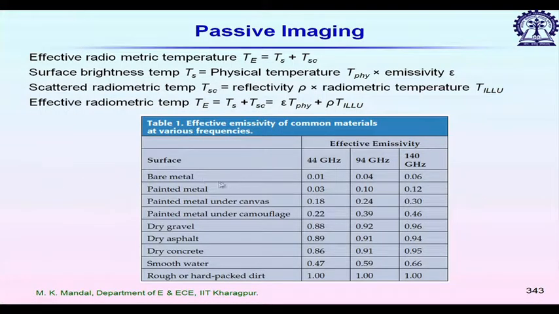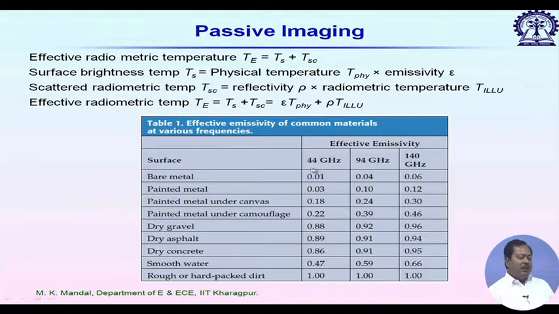Now, if we consider hard packed dirt or any gravel surface, or a muddy surface, emissivity is very high, almost close to 1. It is not a very good reflector, and almost behaves like a black body with emissivity nearly equal to 1. So we have a chart here that I am showing. These are the measured effective emissivities. Again, emissivity not only depends on the type of material, it also depends on the surface roughness and where you are placing the antenna.